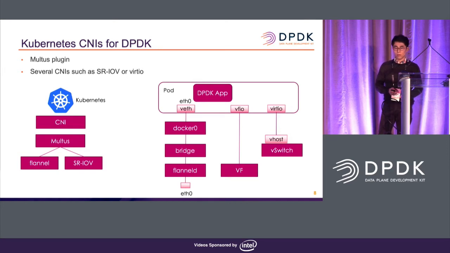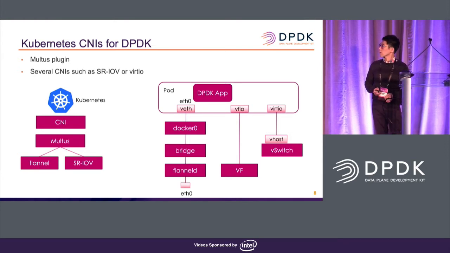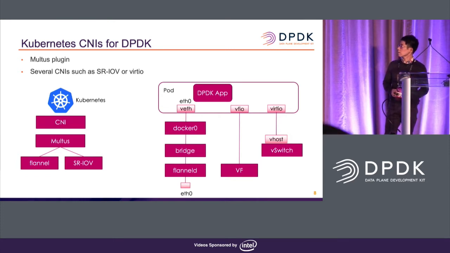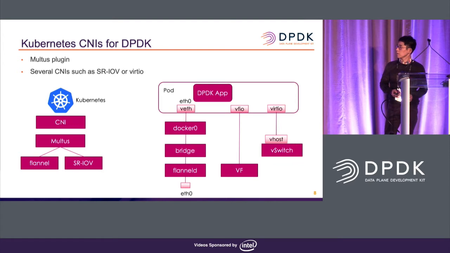But Kubernetes CNI and Multus technology cannot support these features. So we cannot implement it if using a DPDK multi-process application.